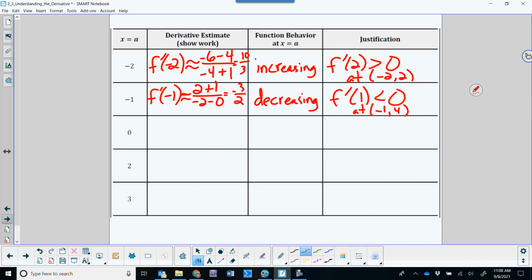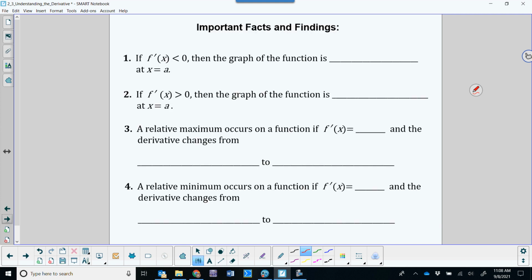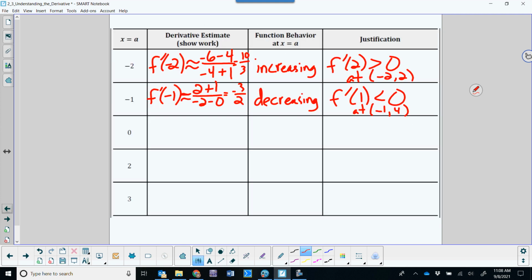Okay, so let's do what happens at 0. So if we're going to do 0, again, we're going to pick points. The best estimate that we have for the instantaneous rate of change is the average rate of change around it. So the average rate of change here, you're going to have 4 minus 4 over 2 minus -1. So again, f prime of 0 is approximately, not equal, but it's approximately y minus y, which is 4 minus 4, and then it doesn't make any difference which way you do the bottom.